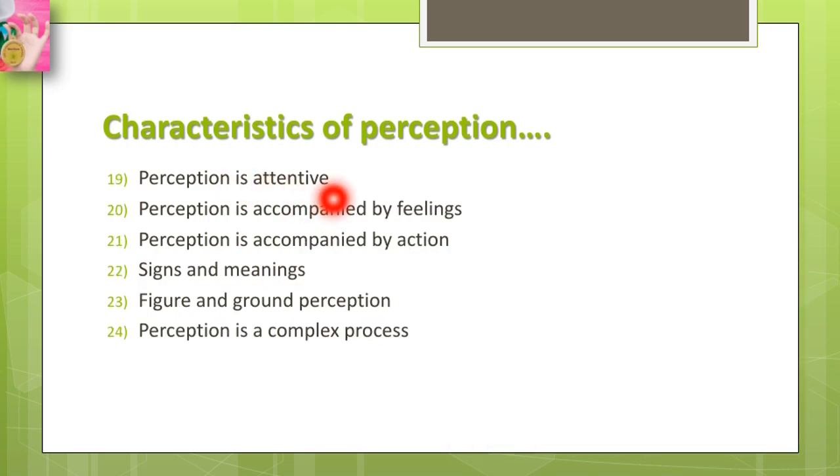Perception is attentive in nature, and without attention, perception is not possible. So, attention is the prior condition of distinct and vivid perception. Then perception is accompanied by feelings. Perception is sometimes accompanied by feelings. For example, we experience arousal and feel pleasure, but we feel unpleasure when we are exposed to noise.